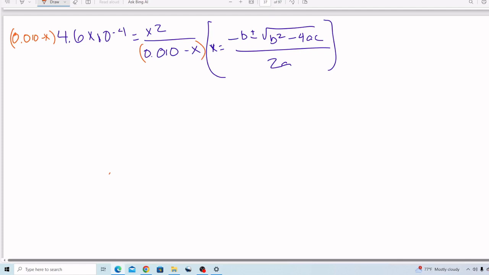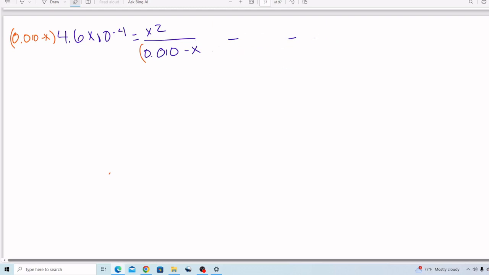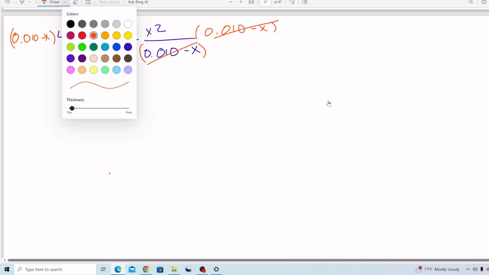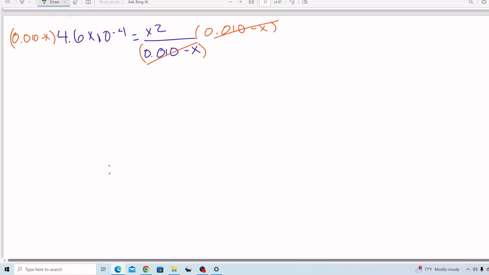Okay, so that cancels. Now I'm going to divide both sides by the 4.6 times 10 to minus 4.